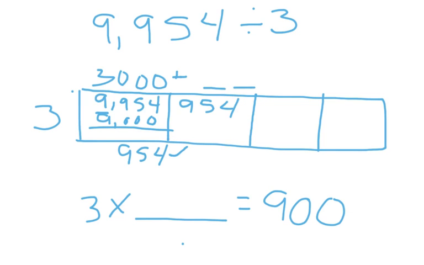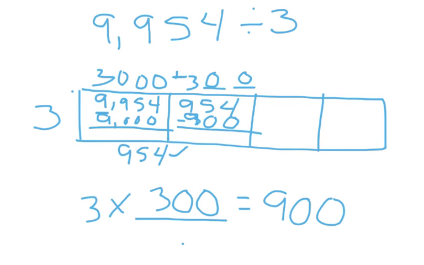Well, we know this, don't we? 3 times 3 is 9. So 3 times 300 is 900. So I'm going to multiply this number 3 now by 300. Whoops, 3 times 300 is 900. I'm going to subtract that now, and I'm going to have 54 left over. So now I'm going to carry the 54 over here.